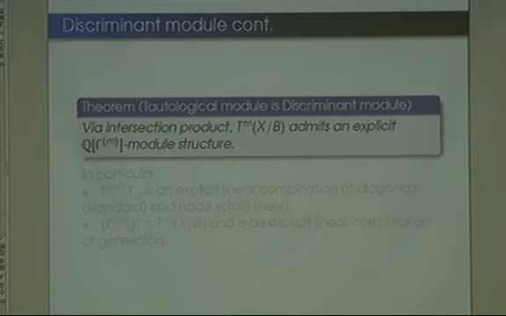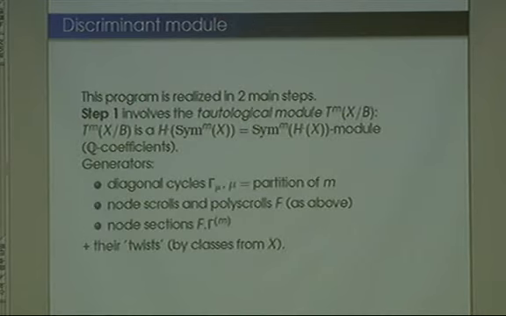The theorem about the tautological module is the following fact: via intersection product, this tautological module is a module over the polynomial ring in gamma m, in the sense that given one of these three types of classes, you can multiply it by a power of gamma, and you can write down the result, in fact, explicitly with some explicit coefficients, as a linear combination of the other classes.